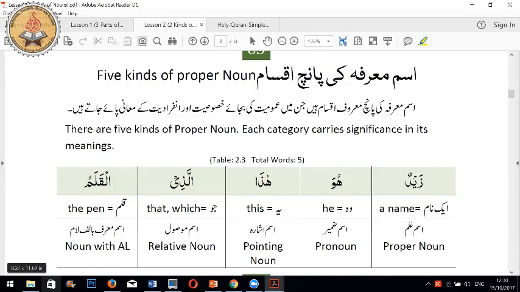Any relative noun, for example in English it is that or which, but in Arabic there are many. Alladhi, many times you have seen, recited and read alladhina.